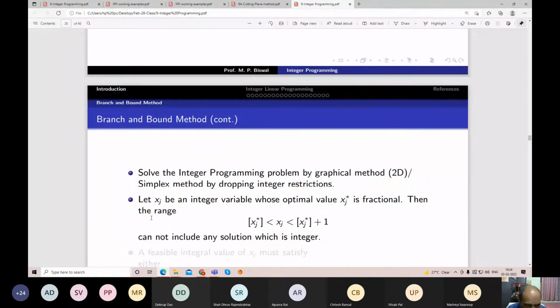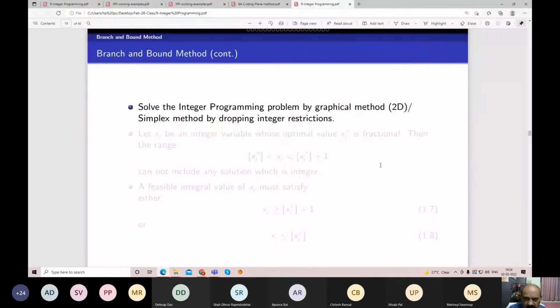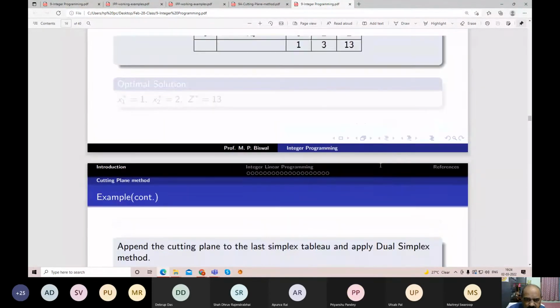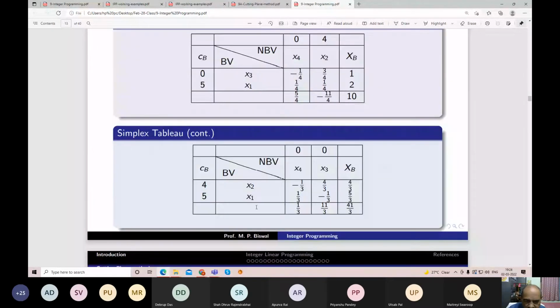Let xj be an integer variable whose optimal value is xj star, which is fractional. Earlier, see this example, say we have taken some problem. Here x1 equal to 5 by 3 and x2 equal to 4 by 3. These x1 and x2 are to be integers.